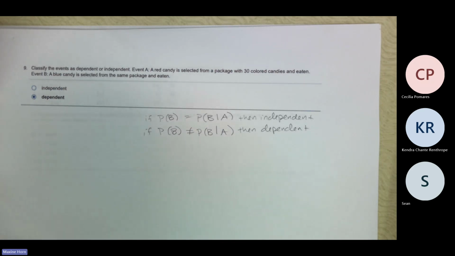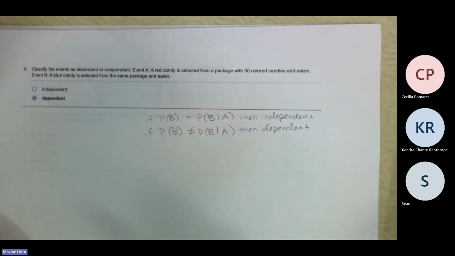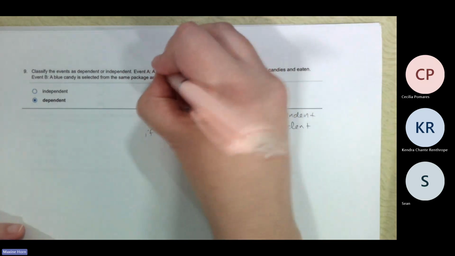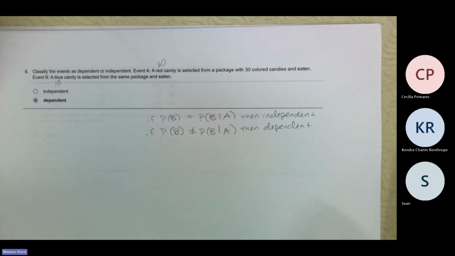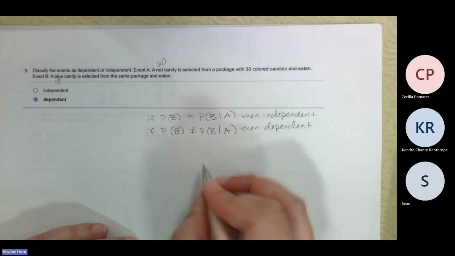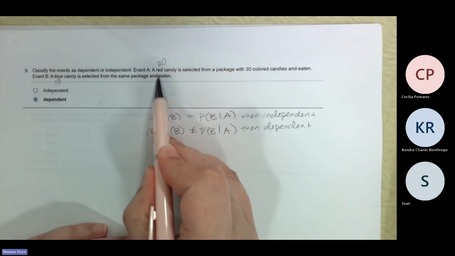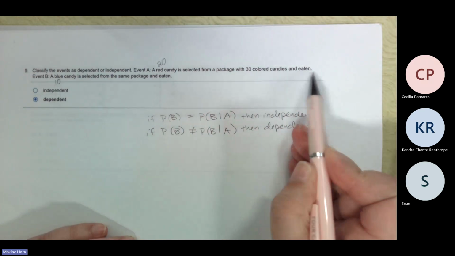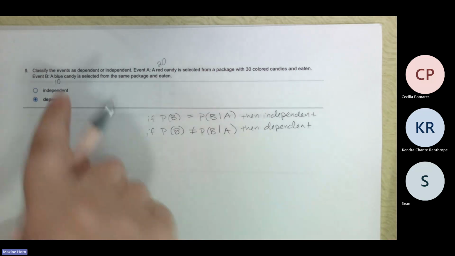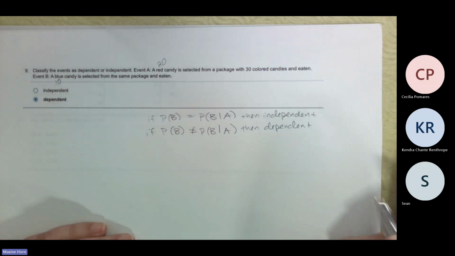Okay, but again, let's assign some numbers here. Let's say that there's 20 red candies and 10 blue. So if we were to actually calculate this, we would say, okay, a red candy is selected from the package with 30 colored candies and eaten. A blue candy is selected and eaten.